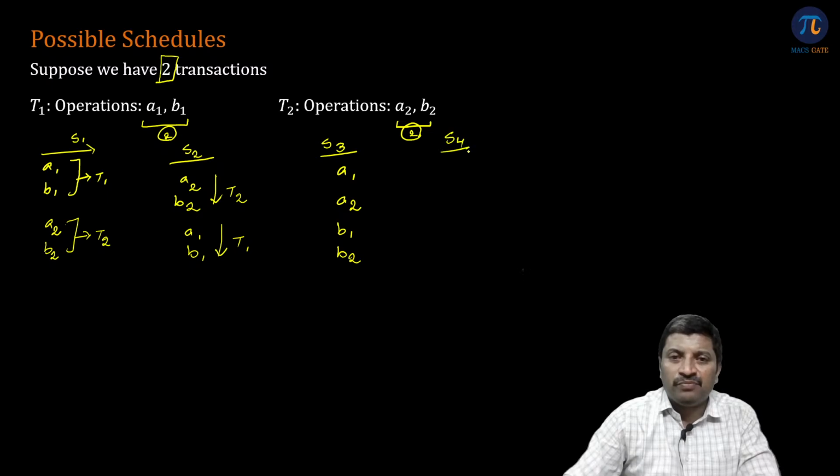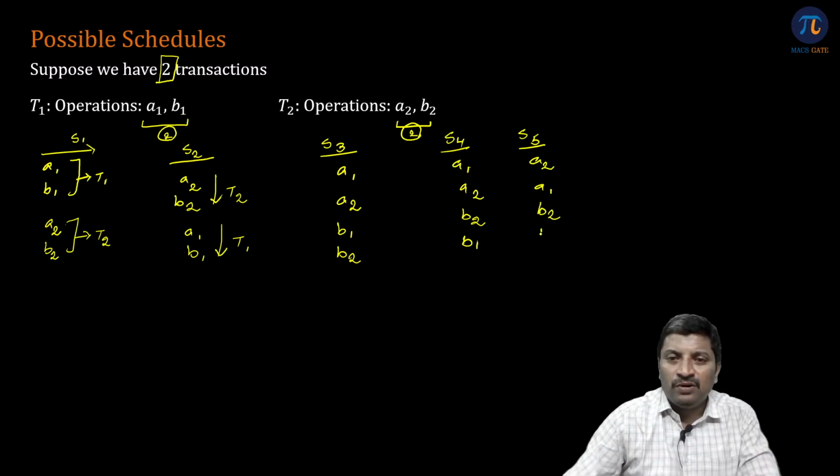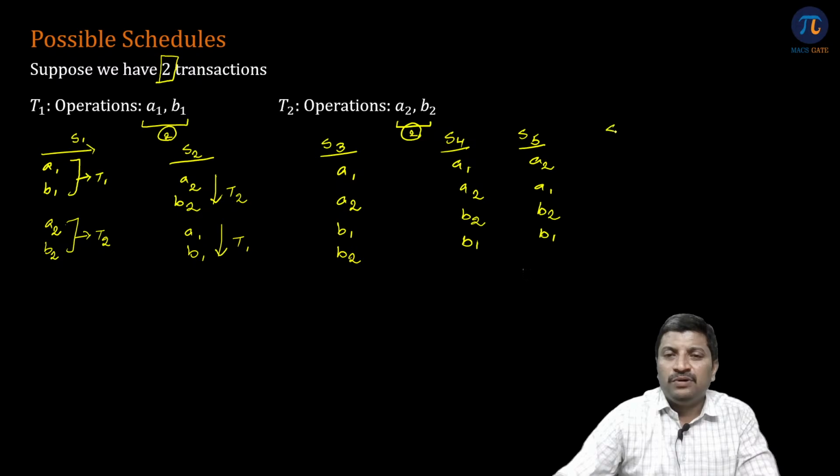Similarly, I started with A1 and in between those two, I can write these two. Instead of this one, I can start with the second transaction and I can have it like this. And what is another possibility, sir? A2, B2, A1, B1.